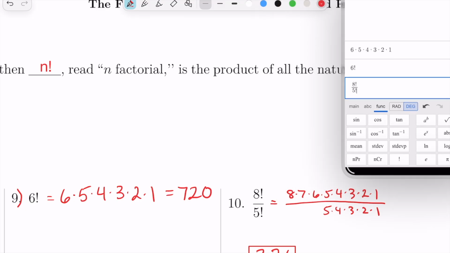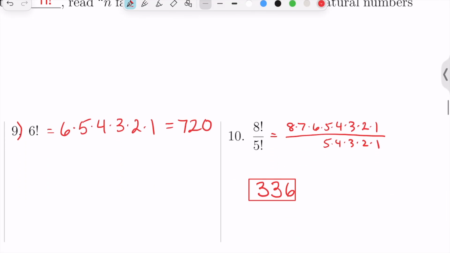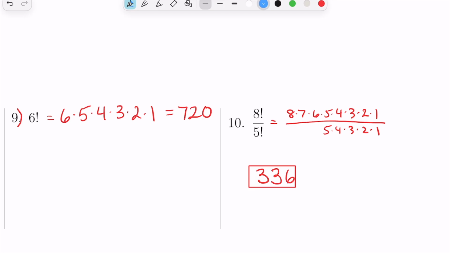I do want to point one thing out though, and that is that if you didn't have a calculator, this could still be done relatively easily, because if I'm going to take 8 times 7 times 6 times 5 times 4 times 3 times 2 times 1 and then divide by 5 times 4 times 3 times 2 times 1, man, do I really need to multiply by 5 just to end up dividing by 5? And then multiply by 4 just to divide by 4 a minute later?